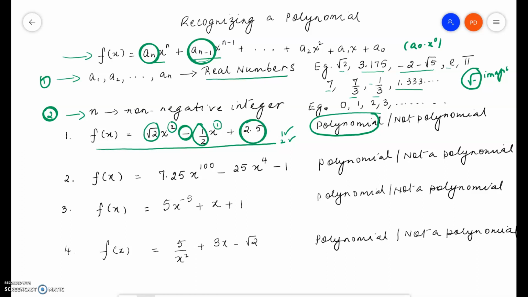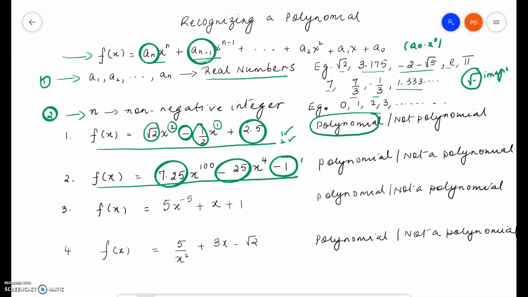The second function is 7.25 x to the 100 minus 25 x to the 4th minus 1. So let's look for the x terms and look at the coefficients of the x terms. Coefficients of the x terms are the numbers multiplied to the x terms. We have 7.25, we have negative 25, we have negative 1.